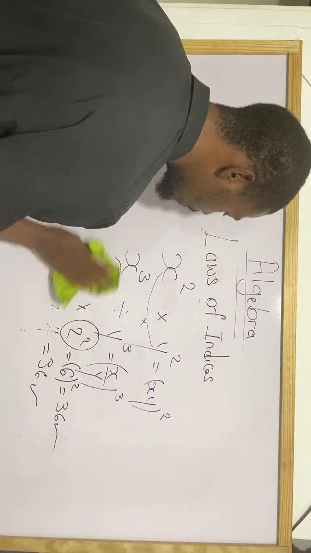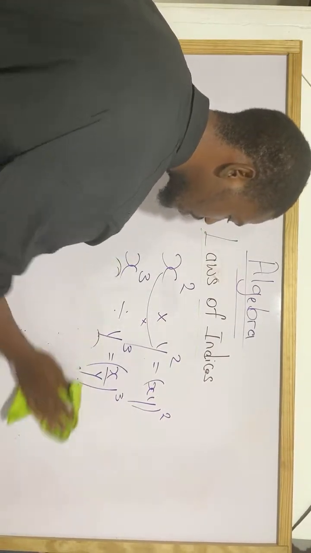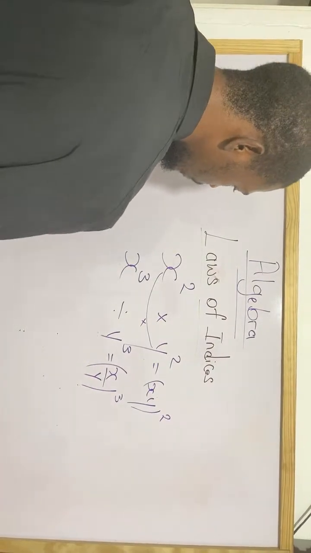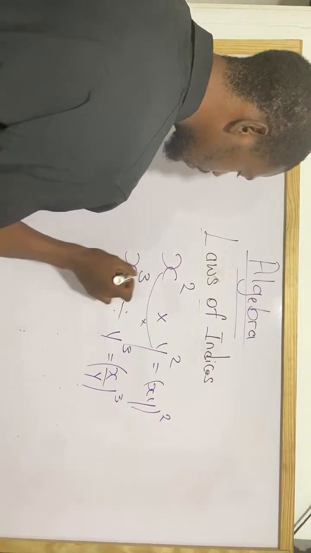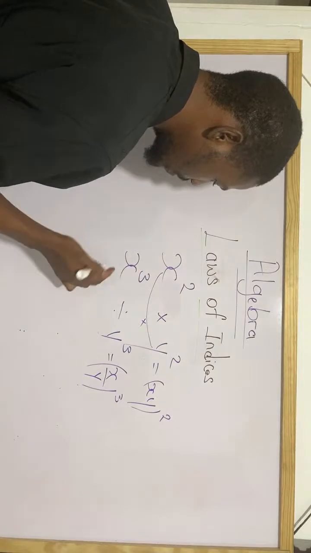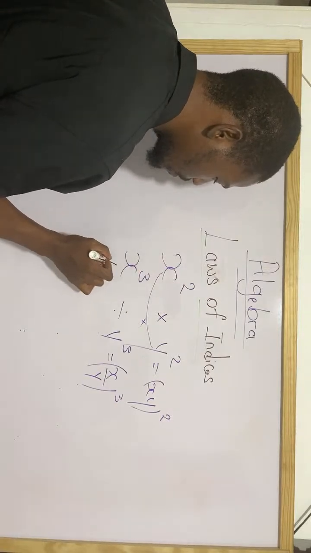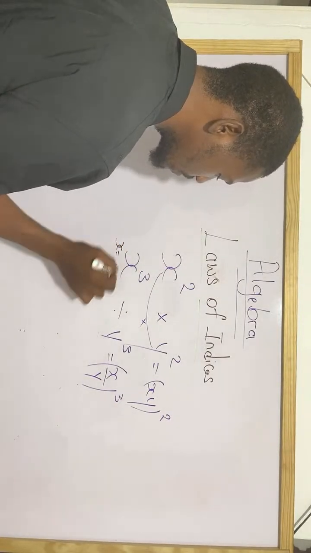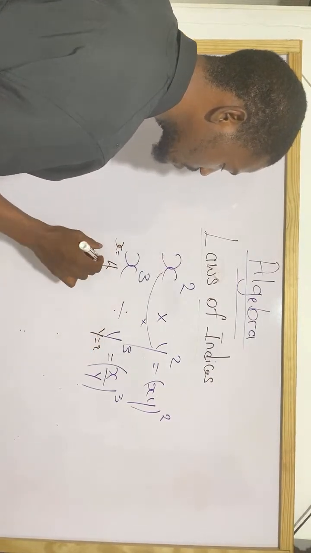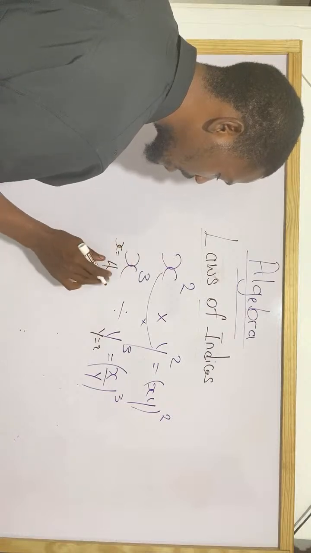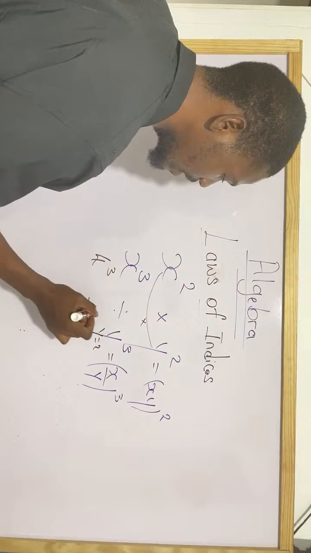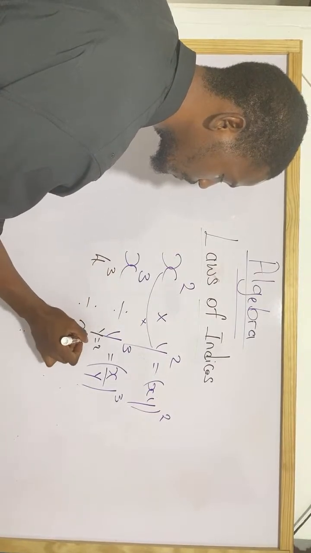The other part that I want to do now is with the division. Let us look at how division works as well. Again, I'm going to choose different numbers for the x and the y values. I'm going to say that x is 4 and y is 2. So we actually have 4 cubed divided by 2 cubed.